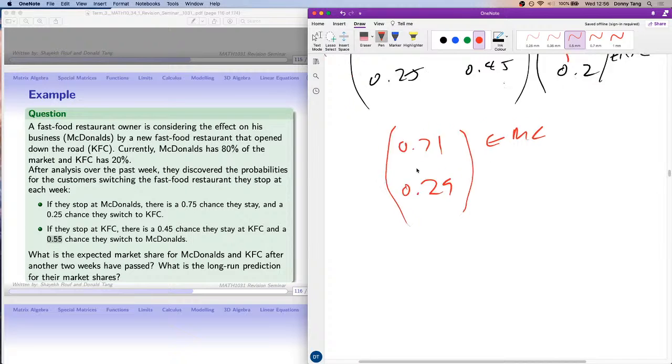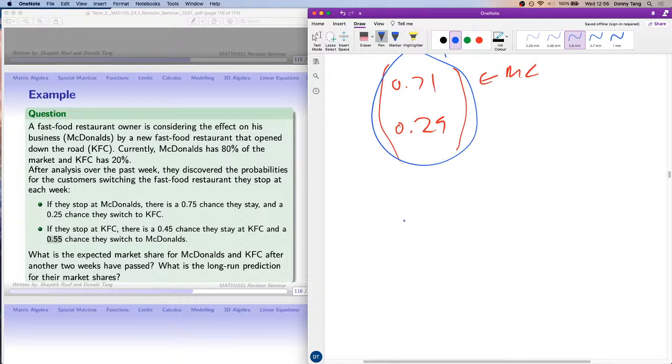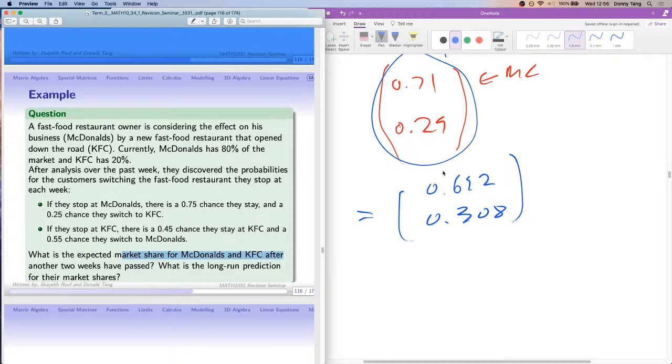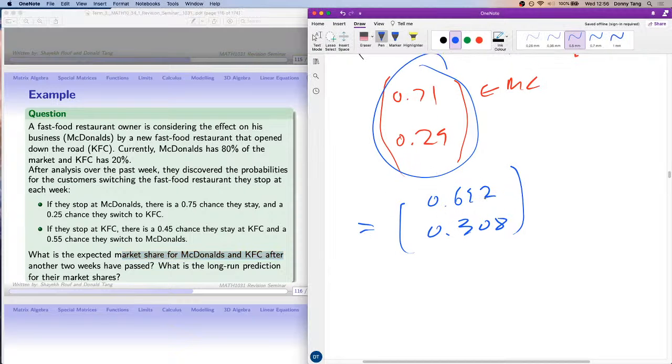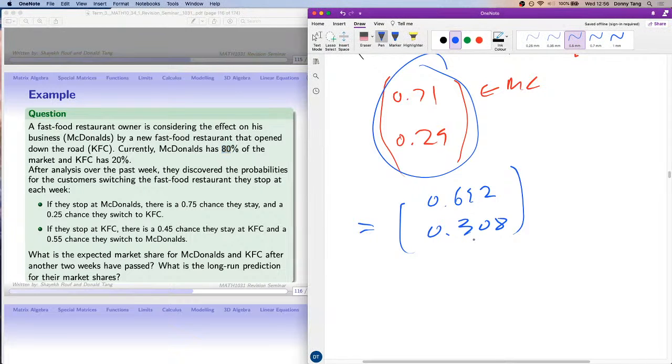You replace this vector with this vector, do it again, and you'll get 0.692 and 0.308. That's going to be your state after 2 weeks. As we can see, McDonald's lost a little bit of share because it was 80% before, now it's 69%, and KFC rose to 30%.